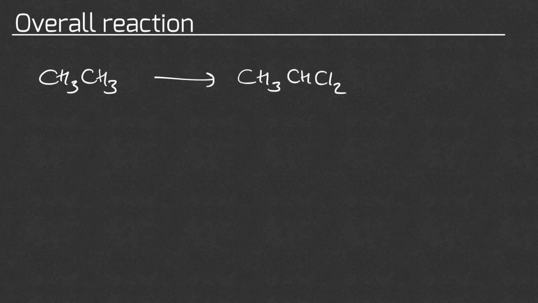So for example, we might be asked to write the conversion of going from CH3CH3 to CH3CHCl2. The trick to doing this is to realise how many halogens have been substituted. Well, we've got no chlorines in this molecule here. We've got 2 chlorines in our target molecule, so the overall equation must involve the substitution of 2 chlorine molecules.